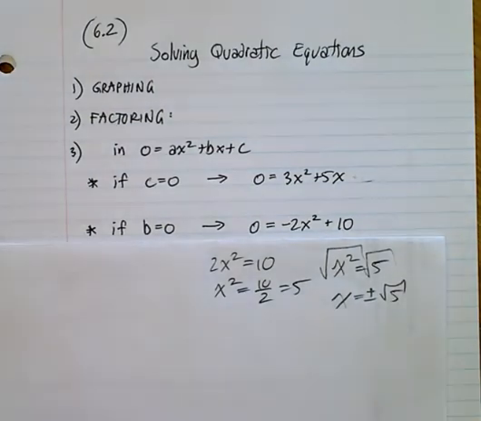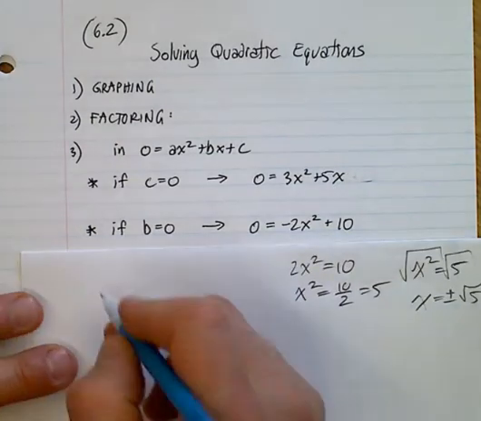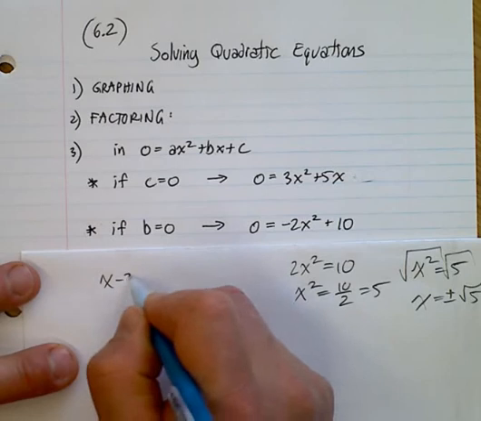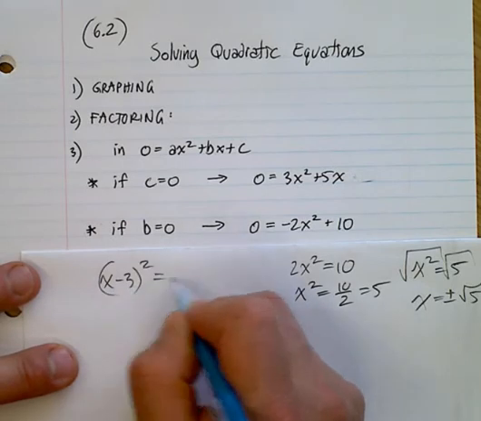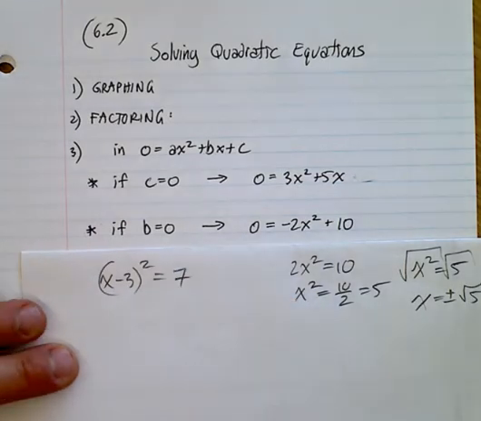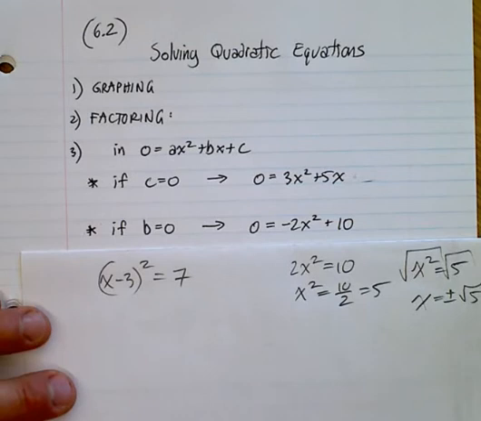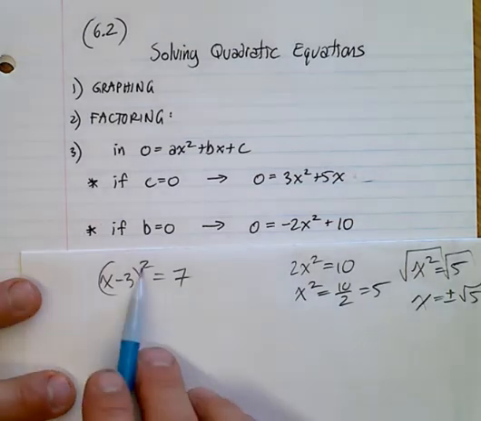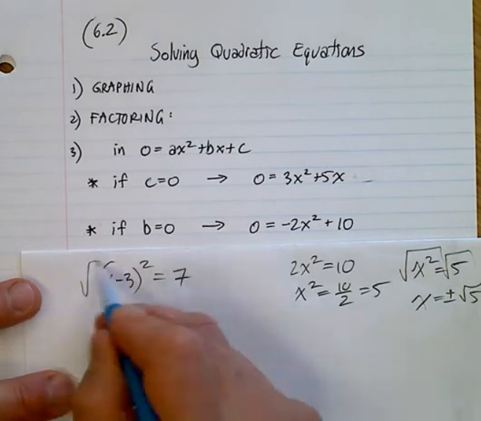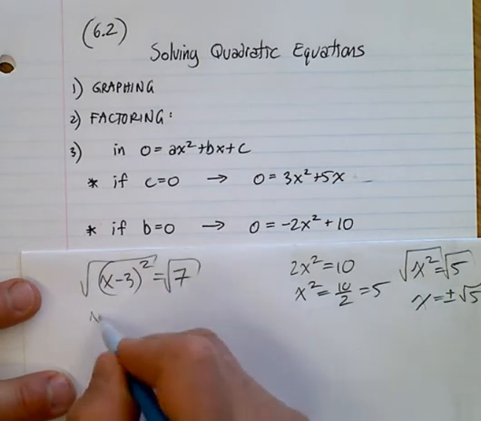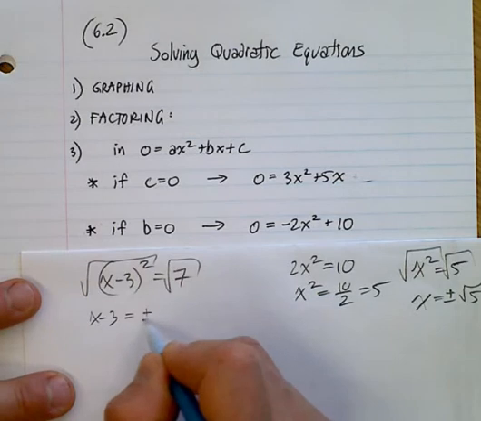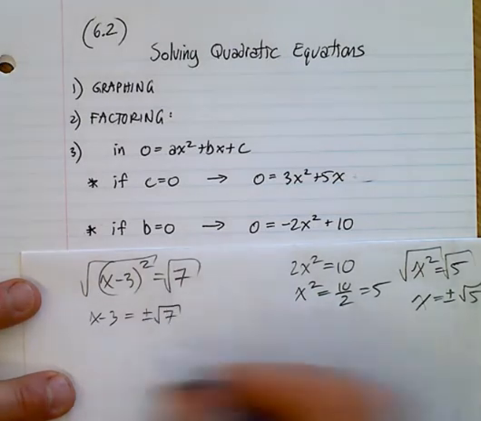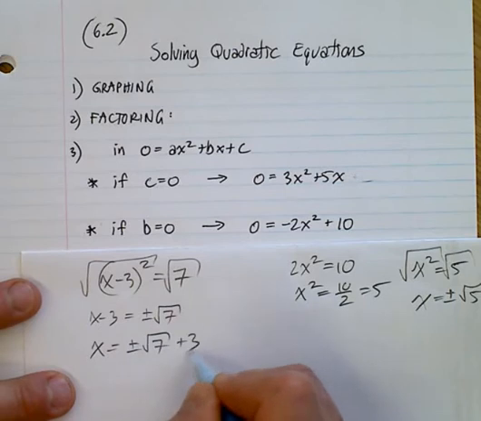Okay, the x-intercepts. We can do similar questions like this, but if I said x minus 3, all squared is equal to 7. Okay, so in this case, we've got a squared here and nothing else, so we can square root this side, square root this side. x minus 3 is equal to plus or minus root 7. x would equal plus or minus root 7 plus 3.